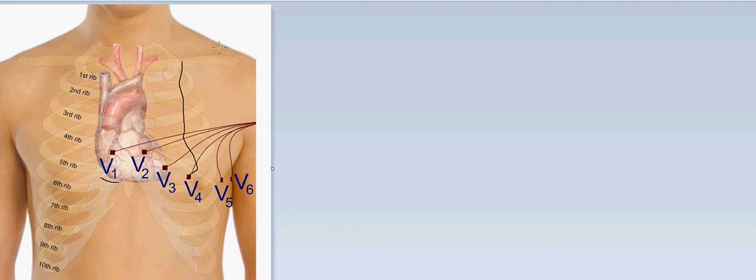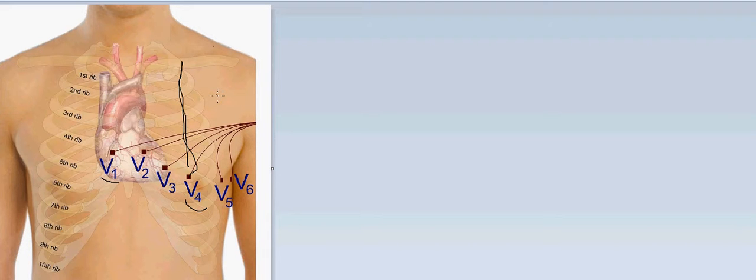So this is how the V electrodes, the V unipolar electrodes, are placed on the surface of the human body, and we have V1 to V6. V1 and V2 are generally placed in the 4th intercostal spaces, and we have V3 which is placed between V2 and V4, and we have V4 right in the fifth intercostal space.